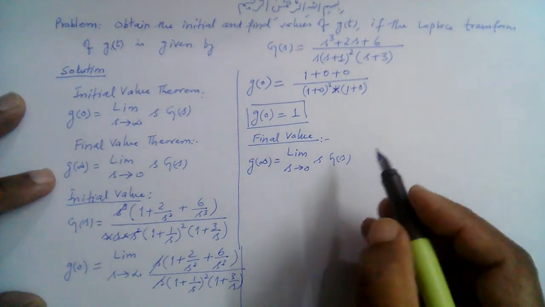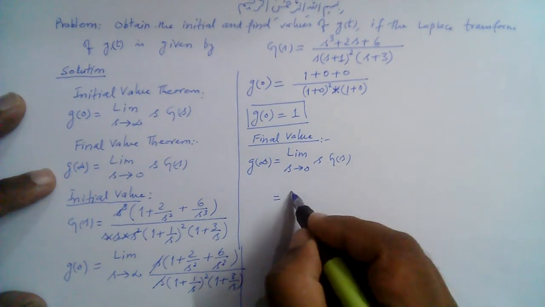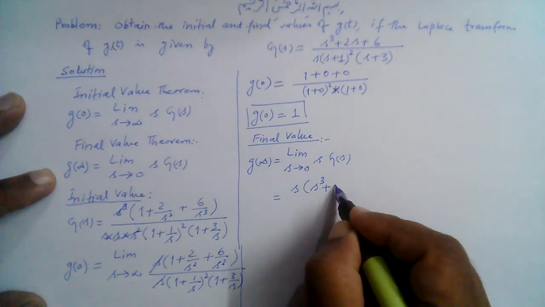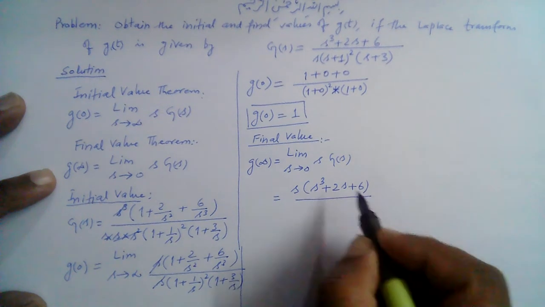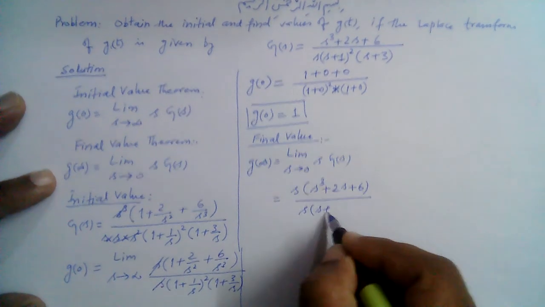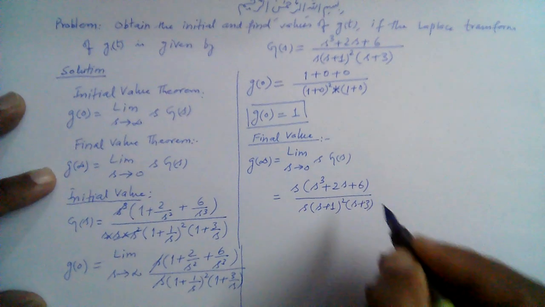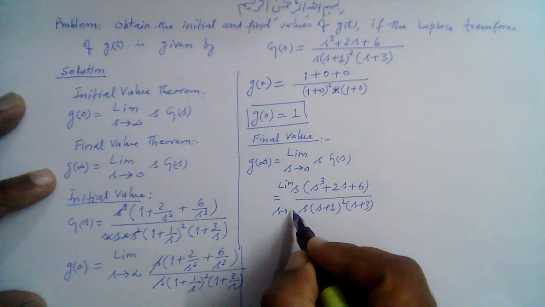So this is s multiplied by (s cube plus 2s plus 6) divided by s into (s plus 1) squared into (s plus 3), with limit s tends to 0.